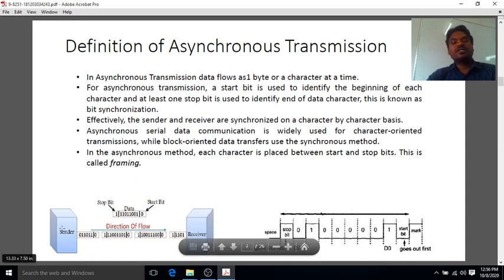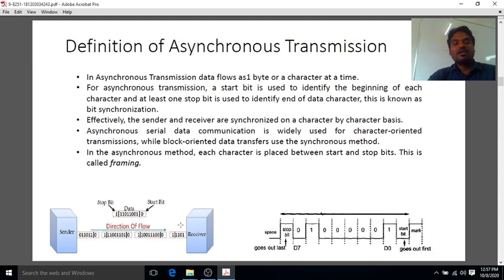But one side uses one clock signal and the other uses another clock signal, so the speed is very low compared to the speed of synchronous transmission. These two diagrams explain how the data can be transmitted between the sender and receiver.